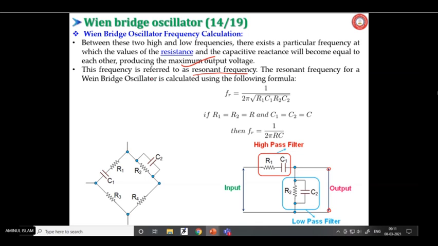The resonant frequency for the Wien bridge oscillator is calculated as FR equals 1 upon twice pi square root of R1 C1 R2 C2. For R1 = R2 = R and C1 = C2 = C, we can write the resonant frequency as 1 upon twice pi RC.